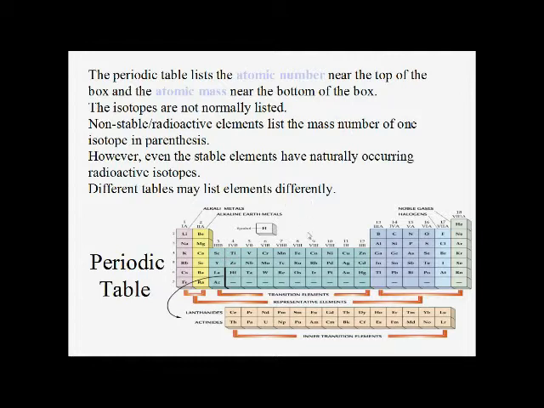It does not show radioactive isotopes. When all the isotopes are radioactive, we give the mass as a whole number in parentheses instead of a decimal number, and that's because we're given the mass number, a whole number, of the most stable isotope in parentheses.